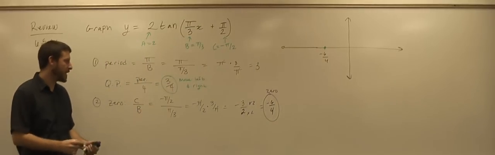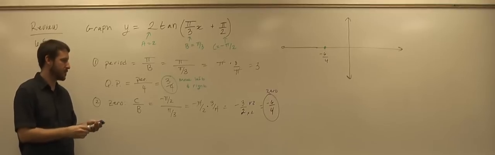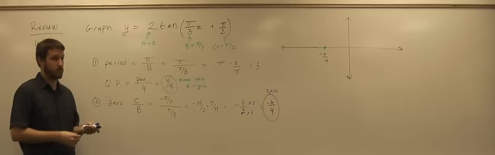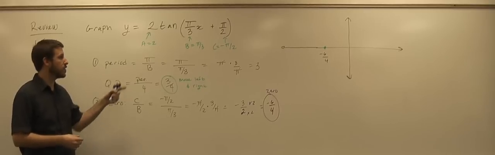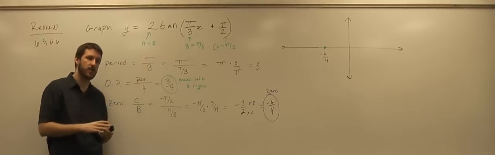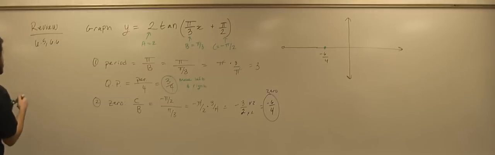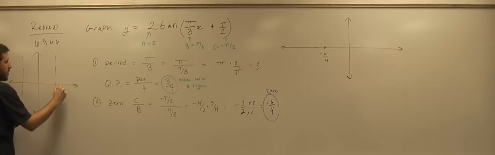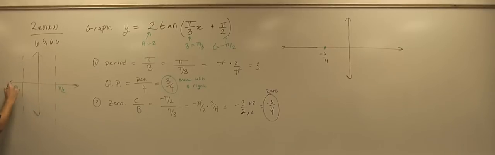Then if I move right 3/4, what's going to happen? You go to A, whatever A is. The structure of tangent, if you remember the original tangent graph, is that it had asymptotes at pi over 2 and negative pi over 2, but the quarter period was actually pi over 4.